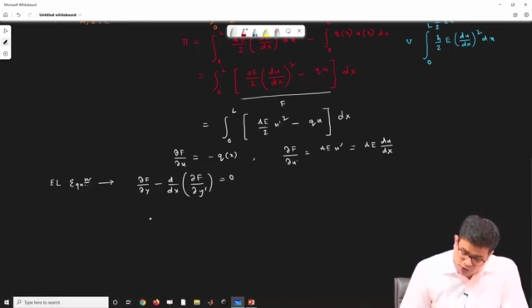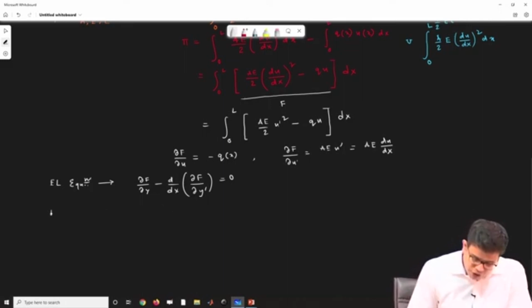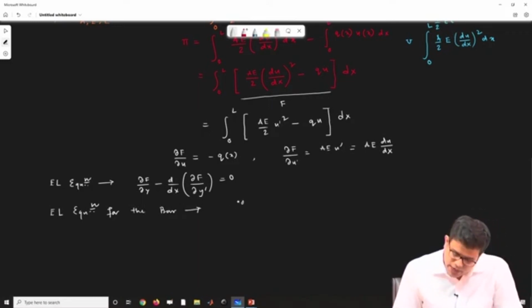So now substitute this. After substituting, the Euler-Lagrange equation for the bar is this, that is del f by del u minus d/dx of del f by del u prime equals 0.